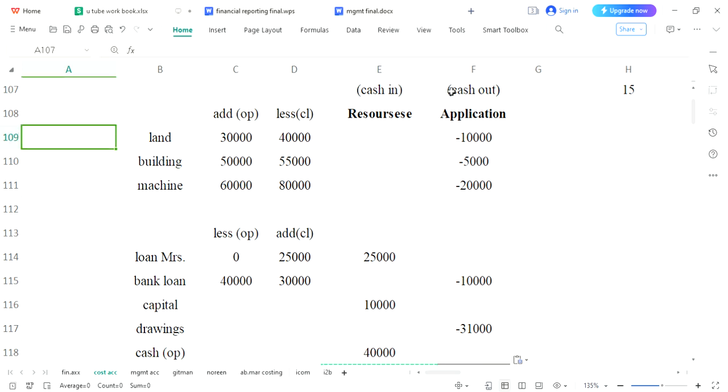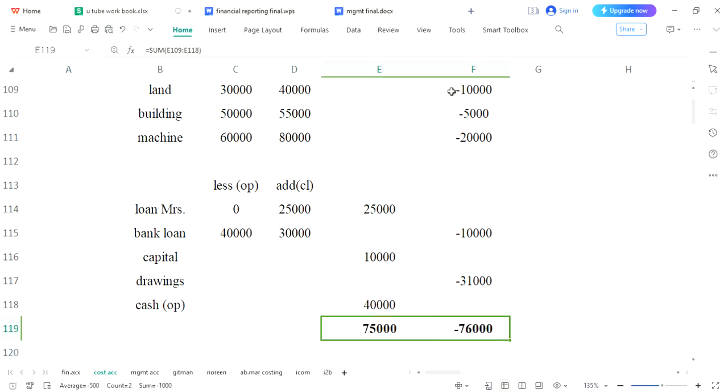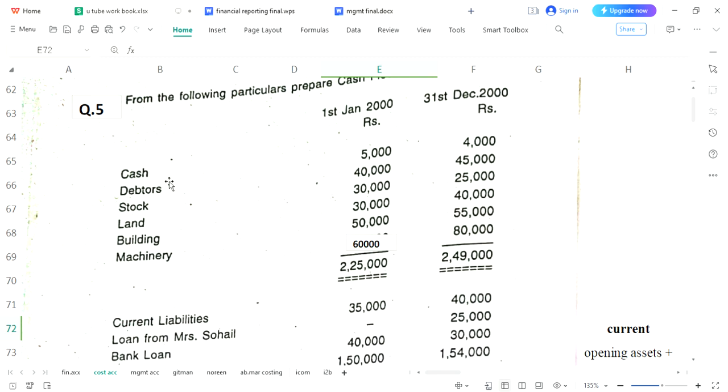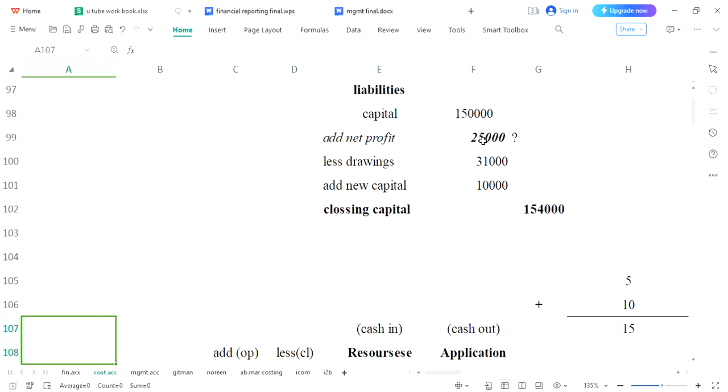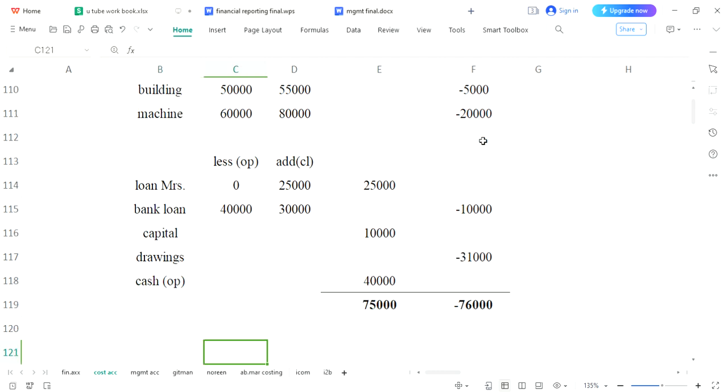Now there is a very important matter. This is the last stage of this question, and I will let you know how you can check your answer. Please come over here. In your exam, these are two items, 5,000 and 4,000. So what you will do, here you have your opening cash.